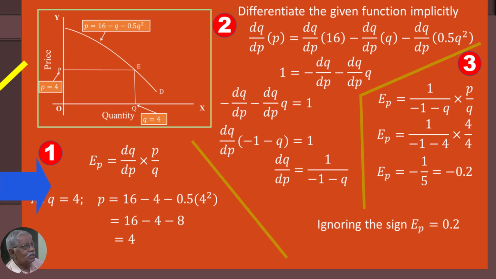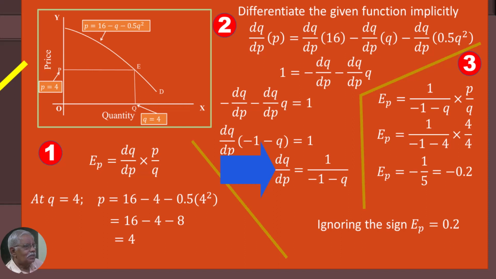We have to differentiate the given function. The given function is inverse, so we have to use the implicit method. We differentiate it implicitly and get the value dq by dp equal to 1 by minus 1 minus q.